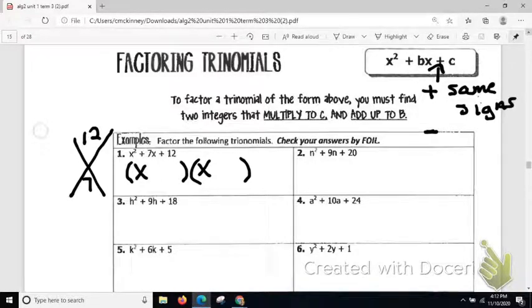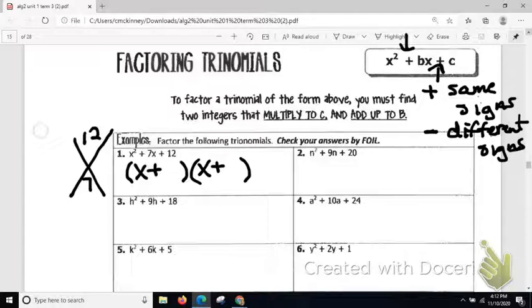If it's negative, the signs are different. Because remember, when you multiply and they're different, you get a negative number. So this is positive, so the signs are the same, and then I need to look back here to see what the sign is. It also adds up to a positive, so they're both plus.